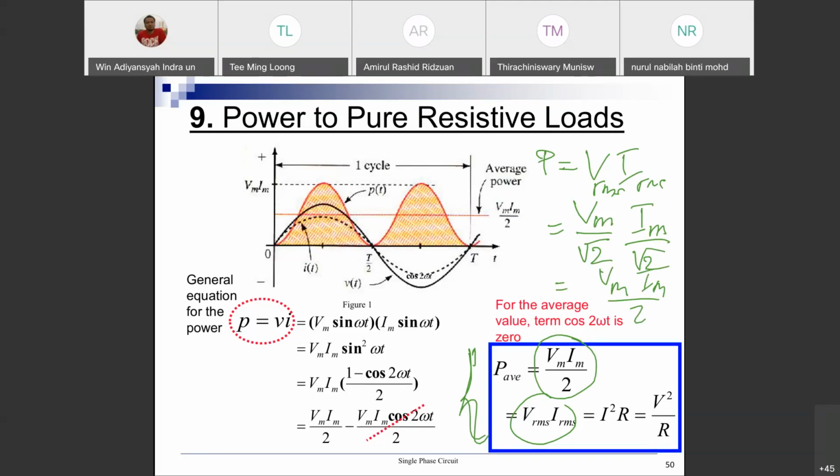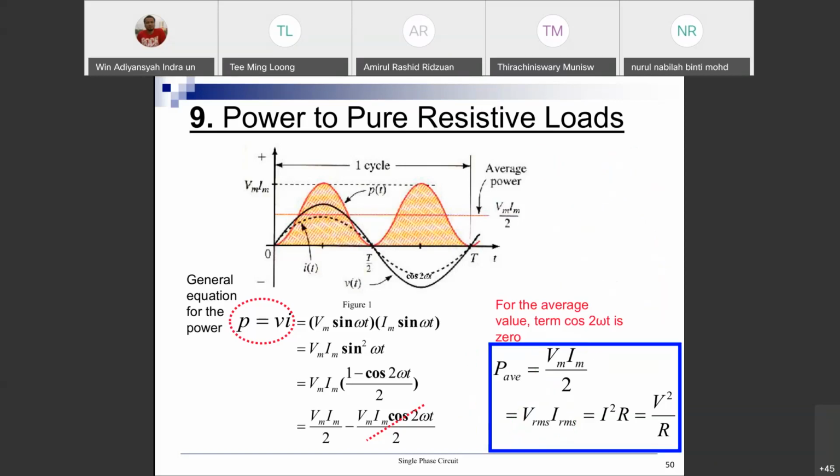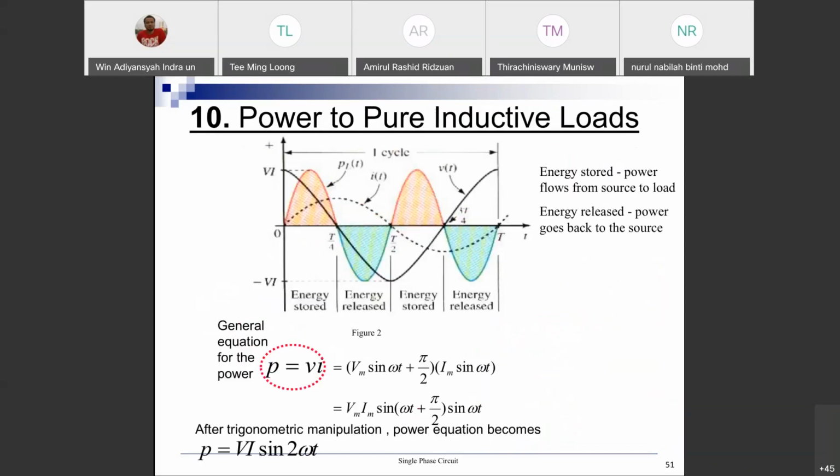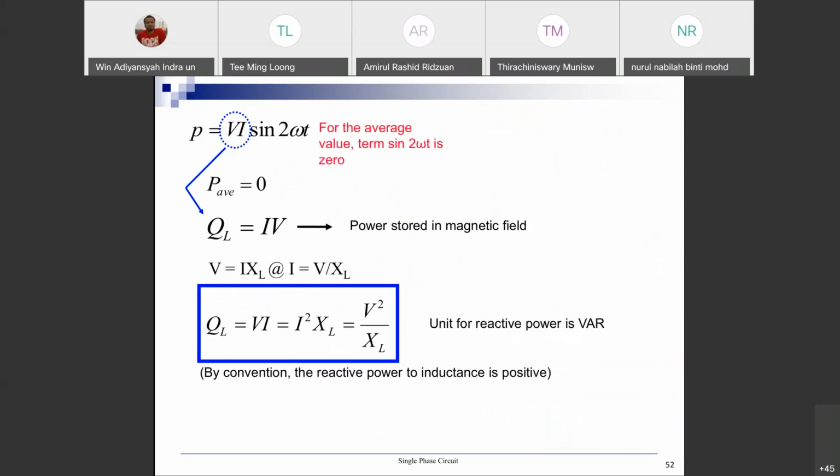That one is for pure resistive, and then for inductive, inductive is reactive power QL. This is the formula. Basically it's similar, VI or I squared times R for resistive. But for inductive, that means I squared times XL, right?